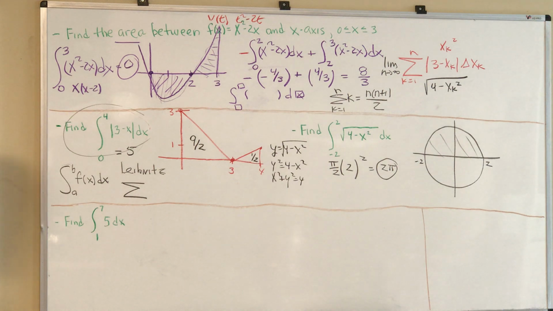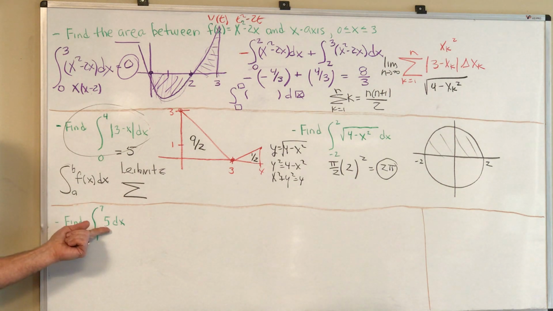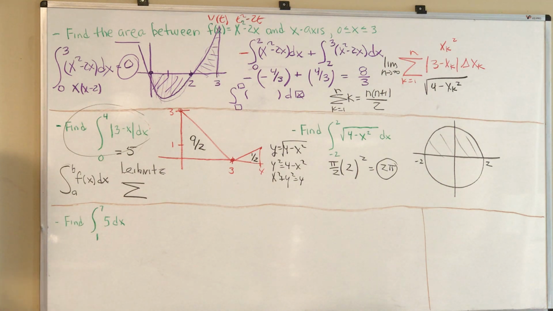So let's kind of sum up everything here. What if you had to find this definite integral? Well, certainly, what are the ways we could do it? One way, we could put it on the calculator. But I'm not going to always give you that choice. Your teachers are not always going to give you that choice. So what's another possibility? The other possibility is you can do it with geometry. Most functions you can't do with geometry.